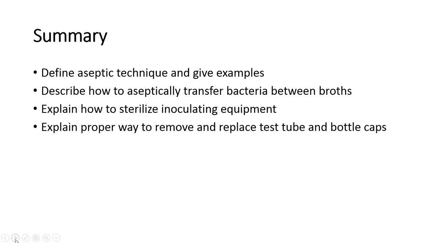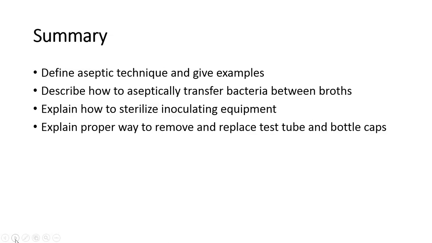You know what else is part of aseptic technique? Flaming your inoculating loop and flaming the mouth of your test tubes. We said that flaming sterilizes inoculating equipment like loops and needles because we're going to raise the temperature of the metal hot enough to kill all forms of microbial life.